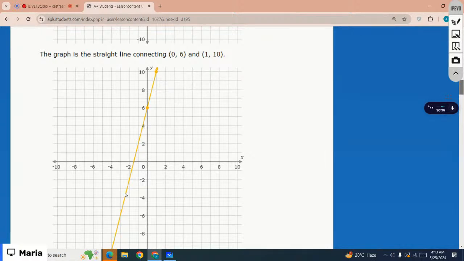So you need two things to plot the graph. The first one is the slope and the second one is the y-intercept. So if you are given the slope and the y-intercept, you can plot the graph. Got it?